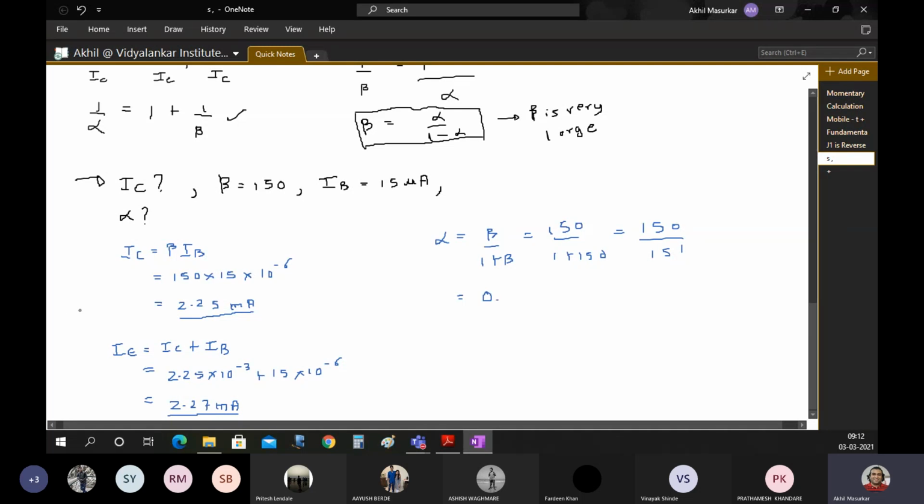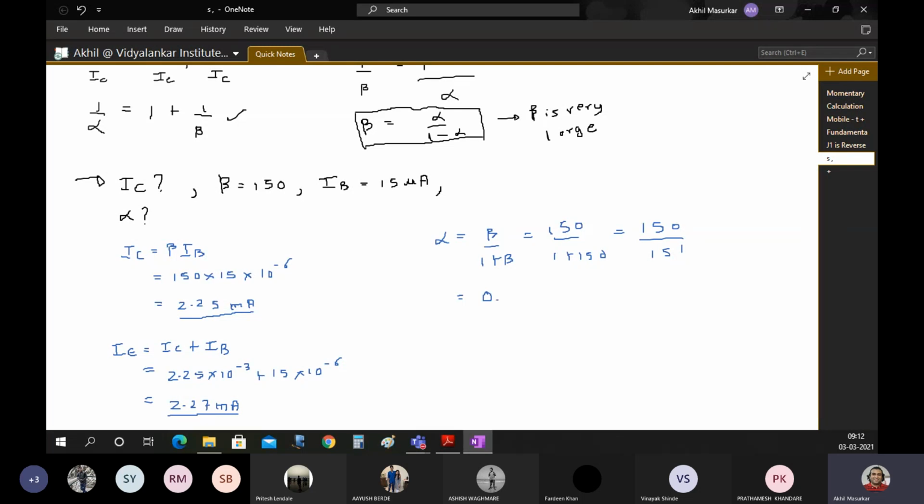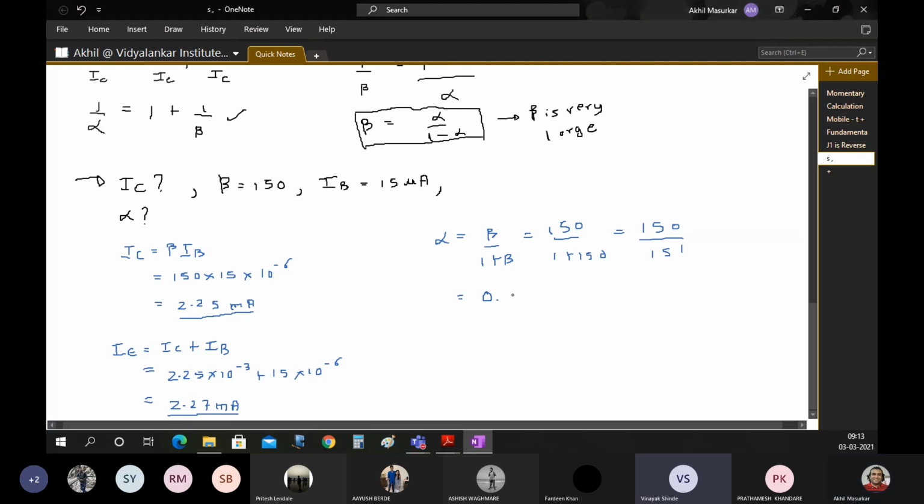Can somebody tell me the exact value? 0.9933. So 0.99.